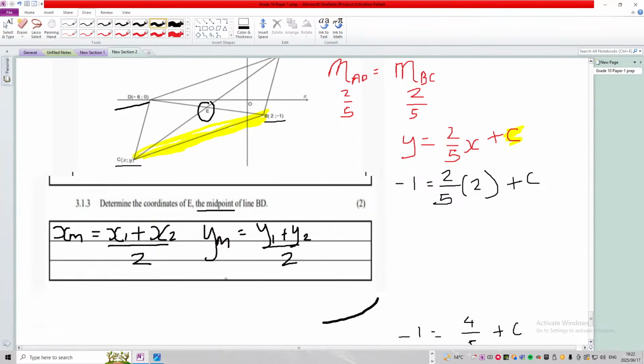So the coordinates of E, which is the midpoint: the x midpoint is minus 6 plus 2 divided by 2, which is equal to minus 6 plus 2 is minus 4, over 3.